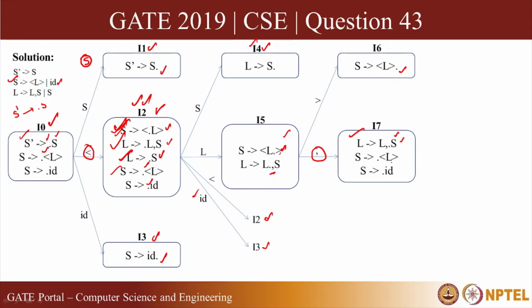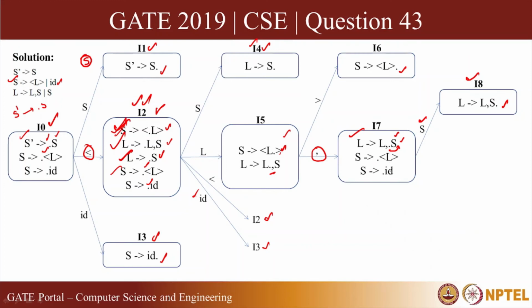So this is the closure set. From that, our dot can parse S itself, and then our dot will come here. This is our final closure set.